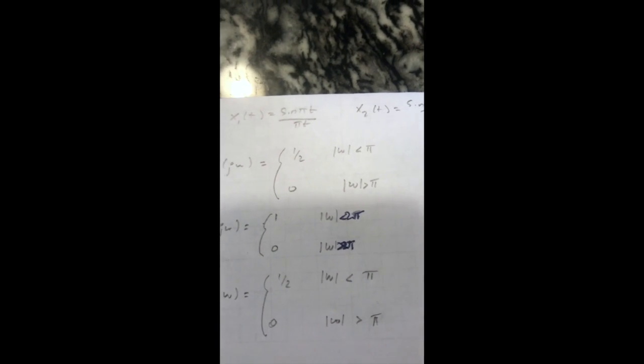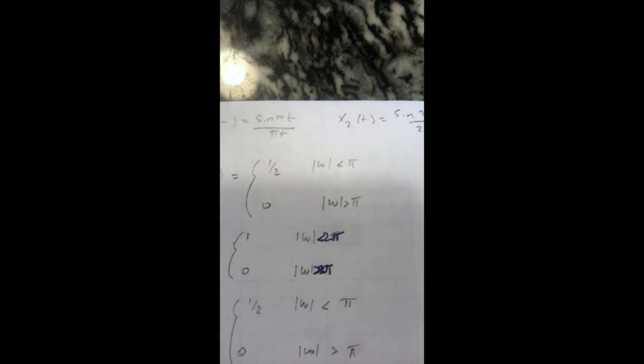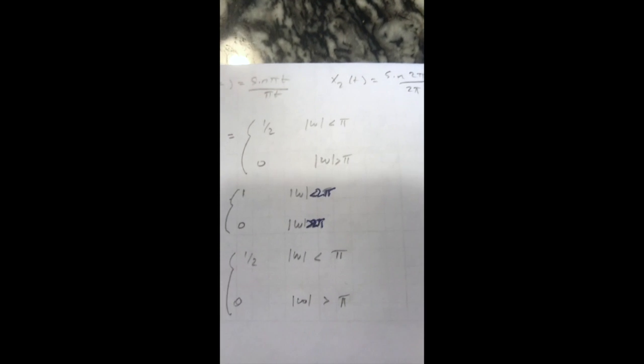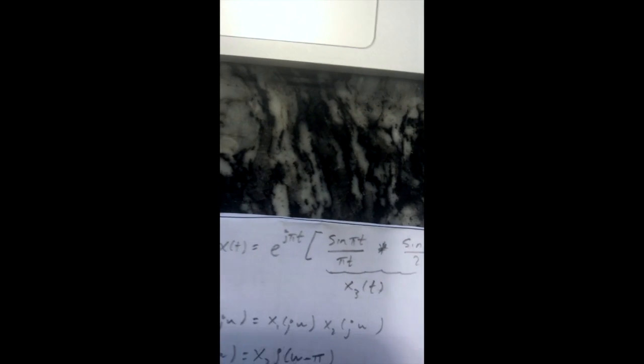So x3 of j omega will be equal to 1/2 for the magnitude of omega less than pi, and 0 for the magnitude of omega greater than pi. And this x3 of j omega resembles x1 of j omega. Even though it is a bit odd to think of it that way, for the math's sake, just keep that in mind.